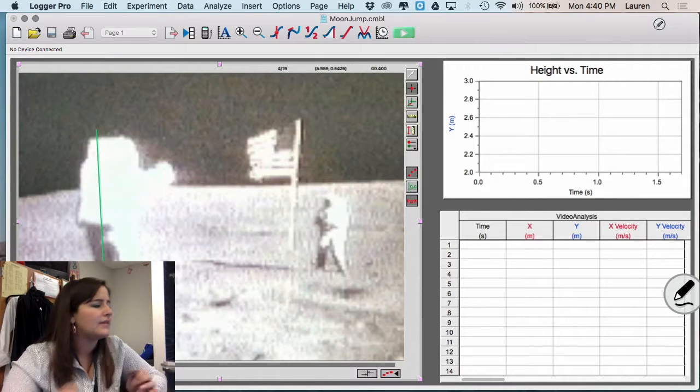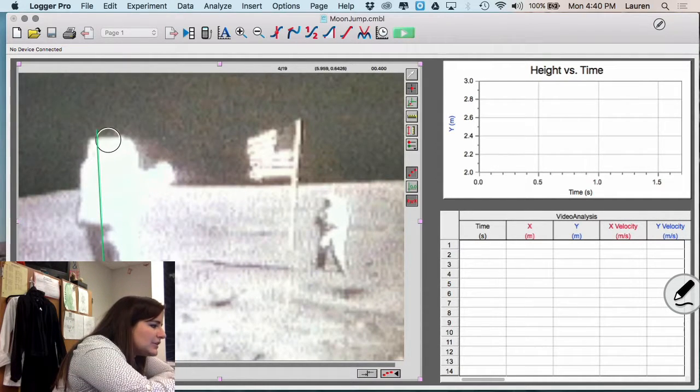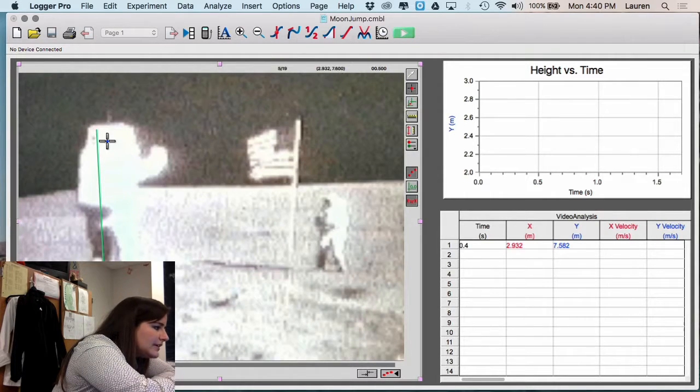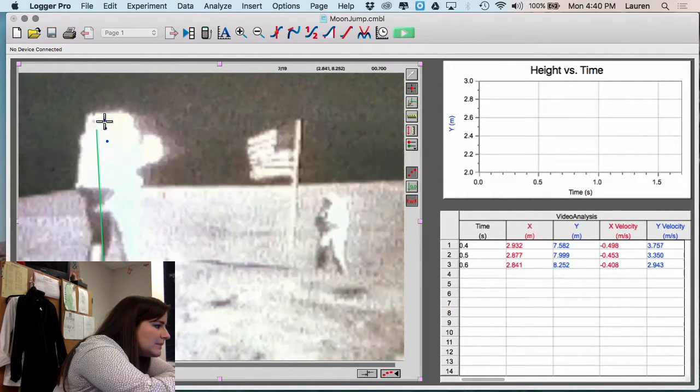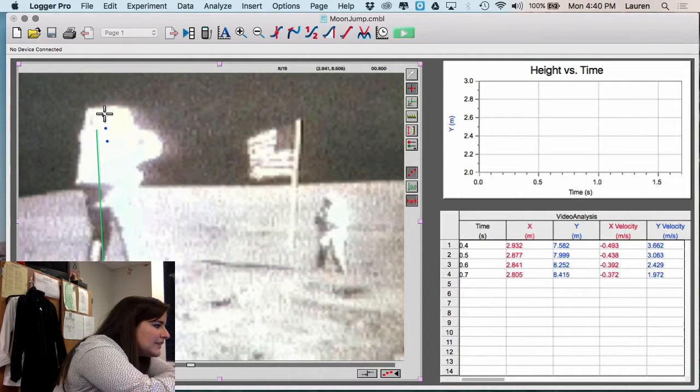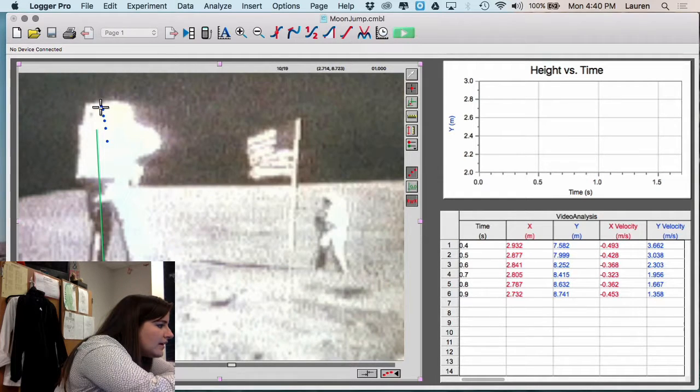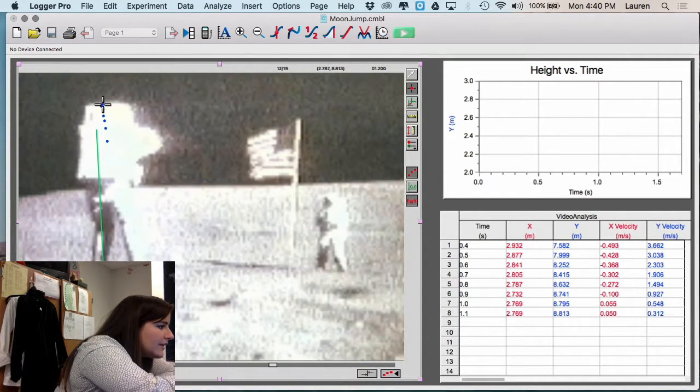I'm going to start it the second that he leaves, and I'm always going to go from the top of his spacesuit, and he's going up and up. Every time I click, it's advancing a frame so that I can get another point on the graph.